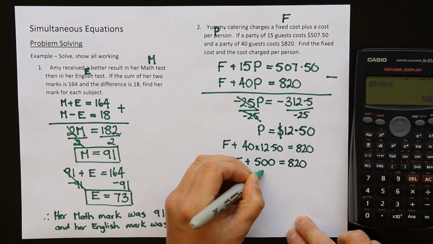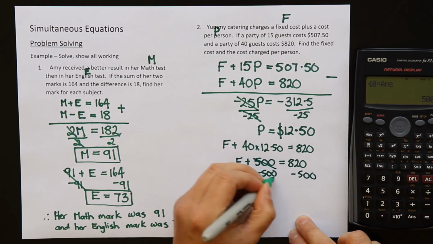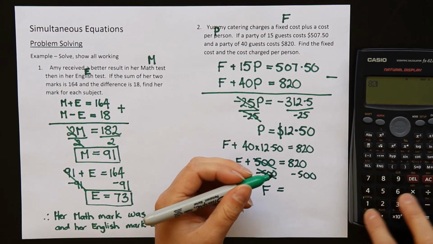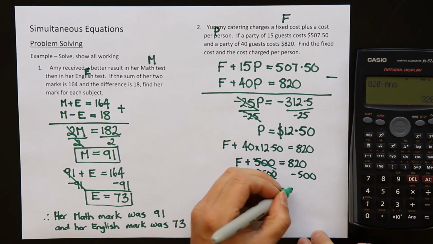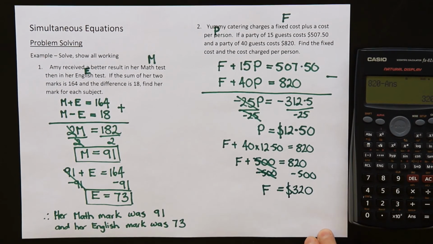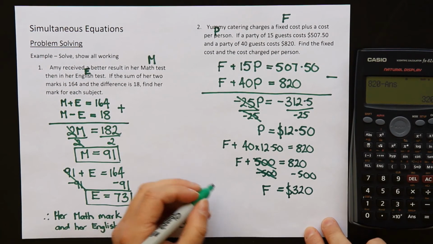And then I just subtract the 500 to get F by itself. So 820 minus my 500 makes 320. And I'm finished. So let's write our wordy answer for our wordy question.